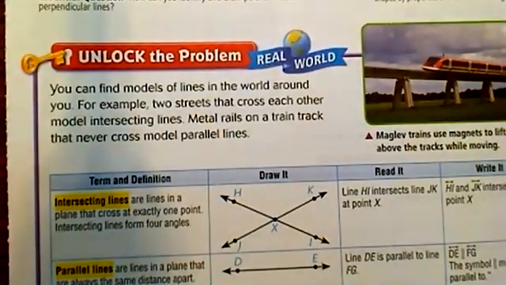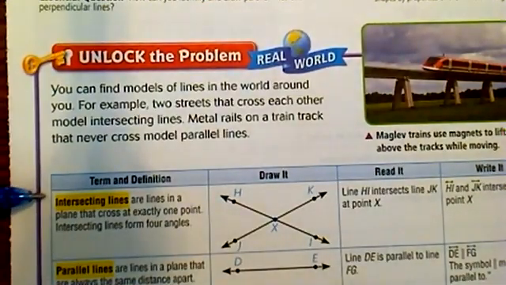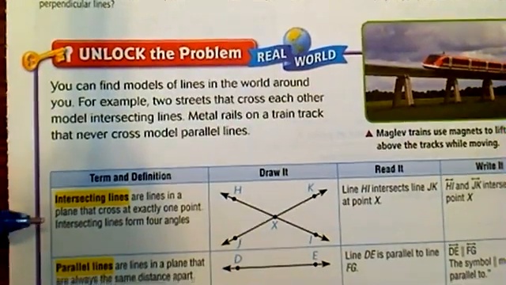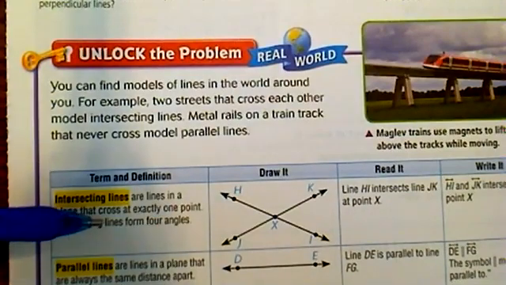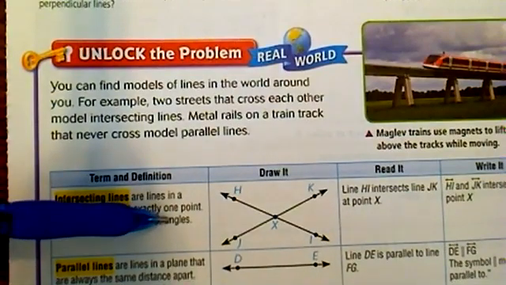So intersecting lines, they are lines in a plane, that just means on a flat surface basically, that cross at exactly one point. Intersecting lines will form four angles.